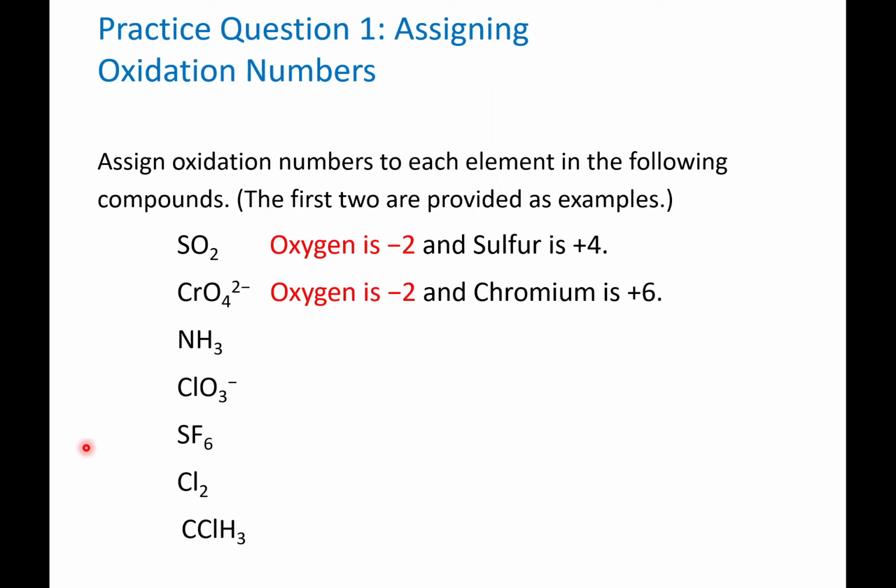Okay, let's try some of these others. So NH3, we know hydrogens in compounds are going to be a +1.